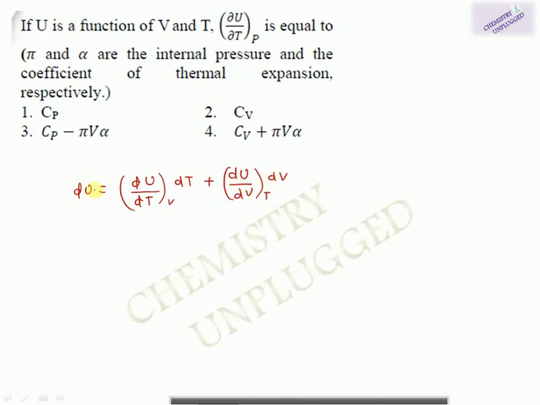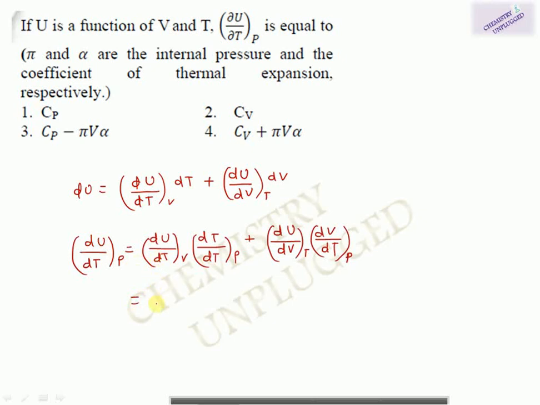Now we will differentiate this dU with respect to T at constant pressure. So this equals Cv, and du over dV at constant temperature is denoted by pi. Pi is internal pressure, and the value of pi is 0 for ideal gas, and for real gas it is equal to A over V square.